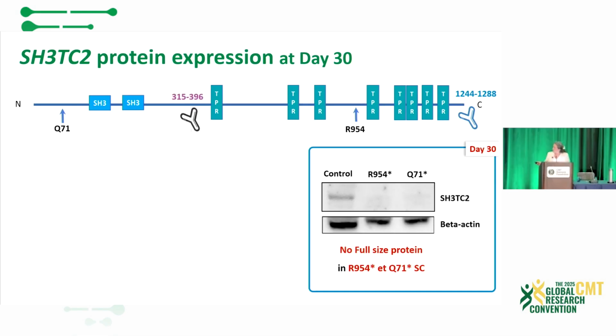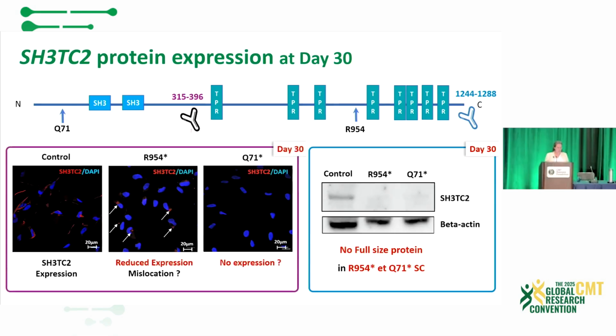Then we used another antibody targeting this area and performed immunofluorescence. In control, you can see in red the expression of SH3TC2. In the most frequent mutation model, we have a reduced expression and maybe a mislocalization. In this other model, the antibody is not supposed to detect, so we have no detection at all.